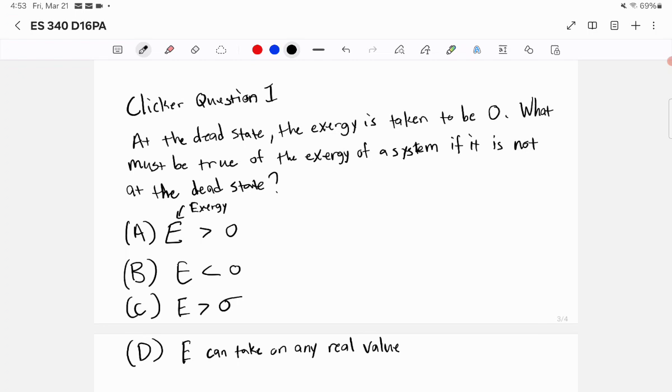What must be true of the exergy of a system if it is not at the dead state? The exergy is greater than zero, less than zero, greater than sigma, which is the strength of the irreversibilities, or it can take on any real value.